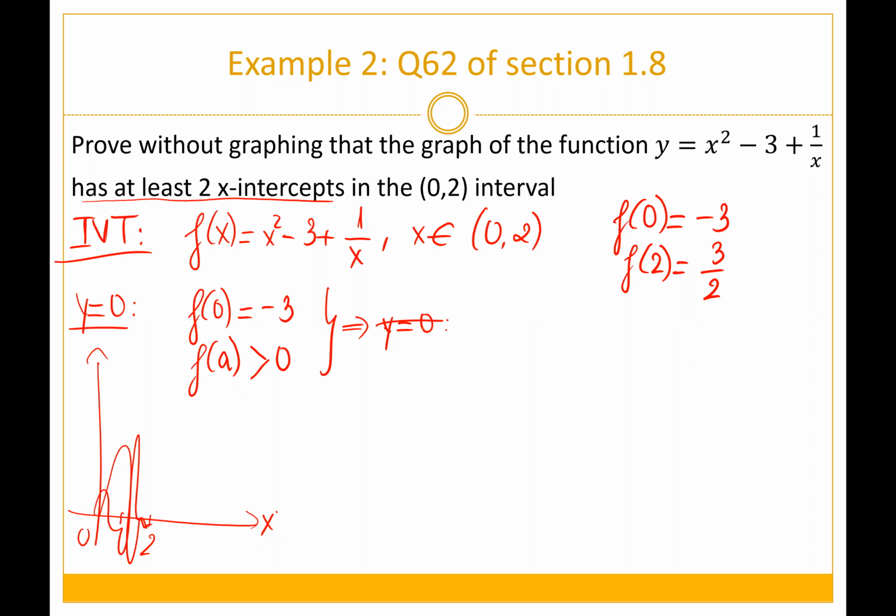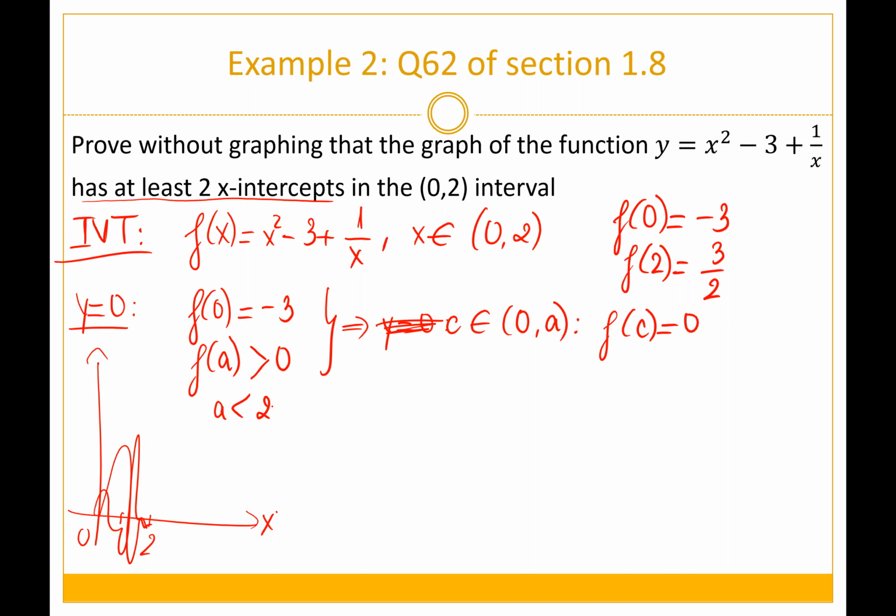There will exist a value of c in between 0 and a such that f of c equals 0. Basically, the line crosses once, and this a, when you find it, has to be smaller than 2.